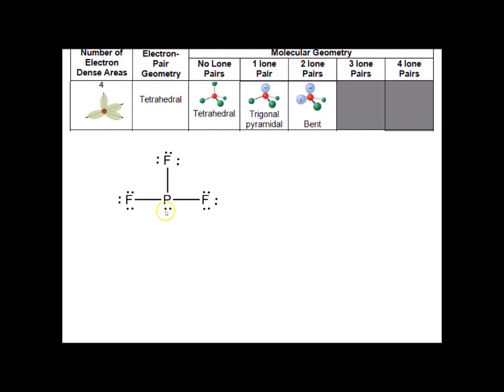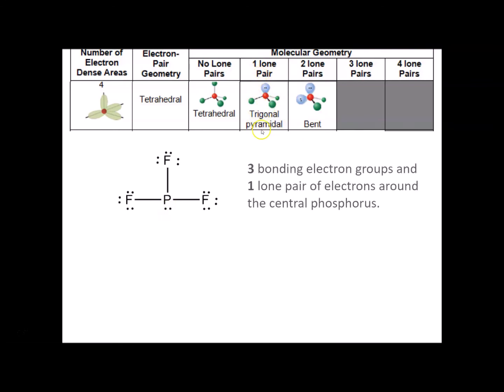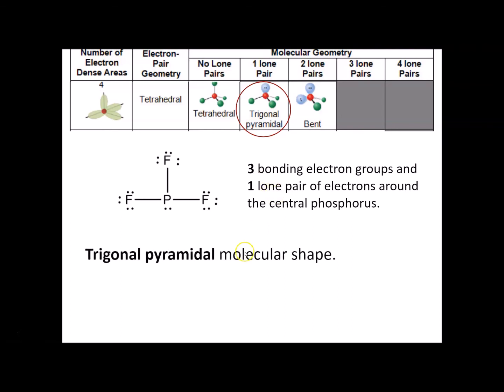But we don't have no lone pairs. There is 1 lone pair here, 3 bonding pairs and 1 lone pair. So on the chart, we're looking in this column where it says 1 lone pair. That gives us trigonal pyramidal, or trigonal pyramid, if you prefer, molecular shape. And that's all you need to do for the assignment.